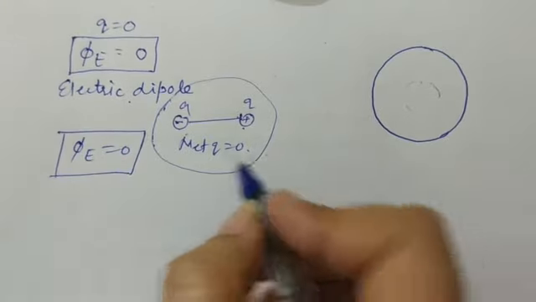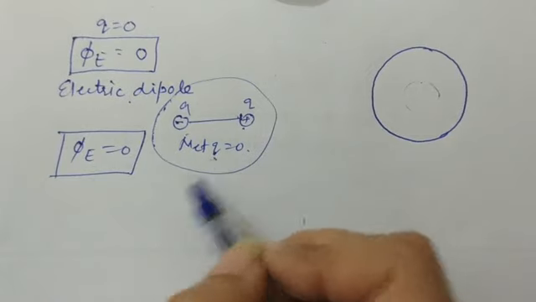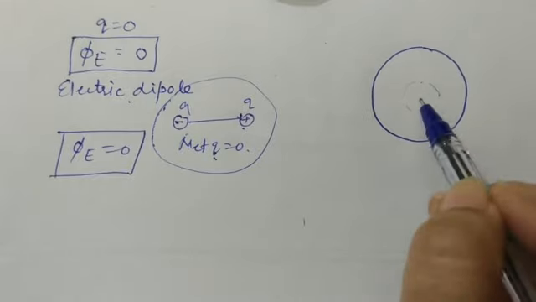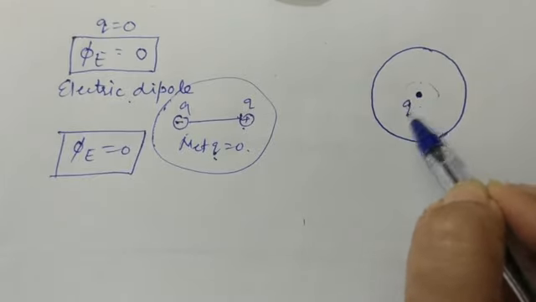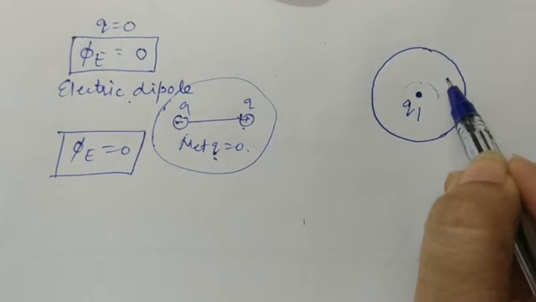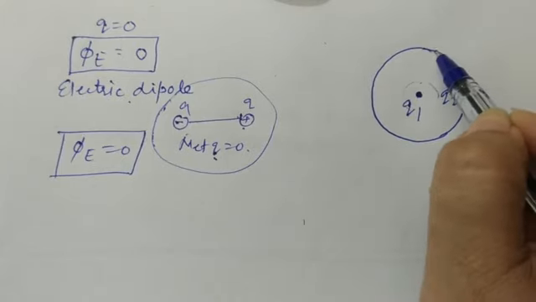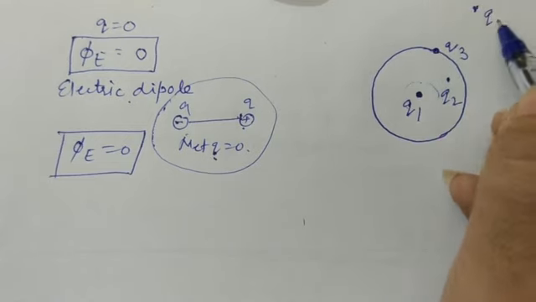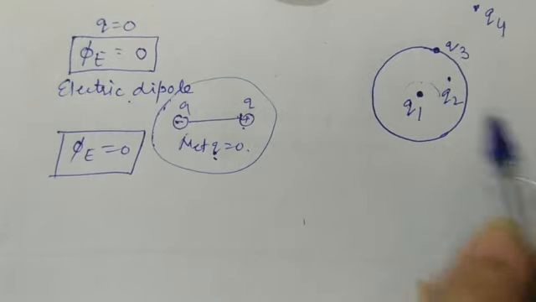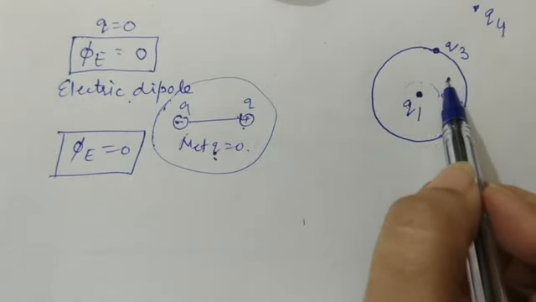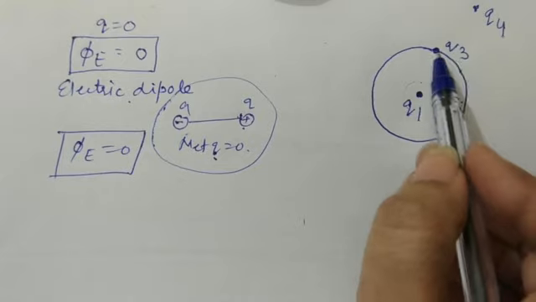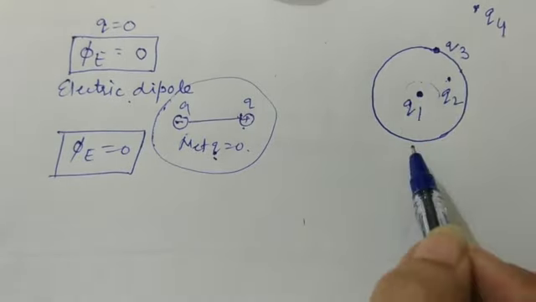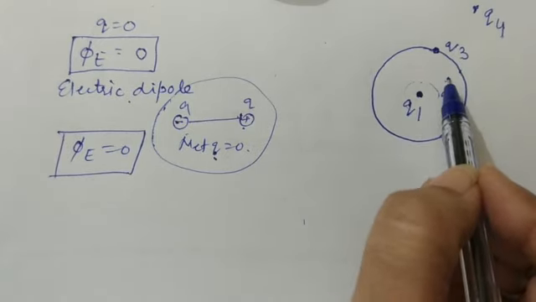Now when we say that here we have to take enclosed charge, which charge is considered as enclosed charge? Suppose I have placed a charge Q1 here, Q2 here, Q3 here, Q4 here. Q1 is at the center, Q2 is close to the boundary, Q3 on the boundary, and Q4 is outside the boundary. Now enclosed charges will be Q1 and Q2.